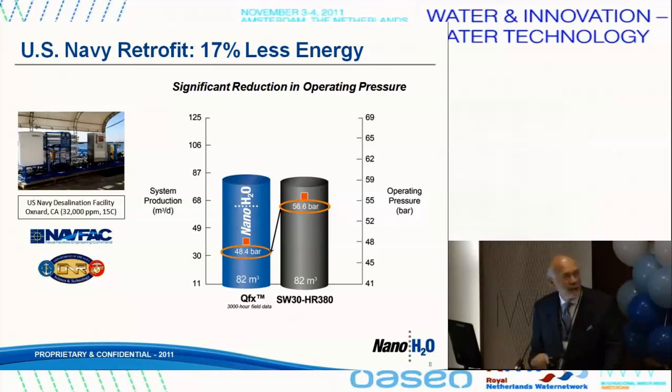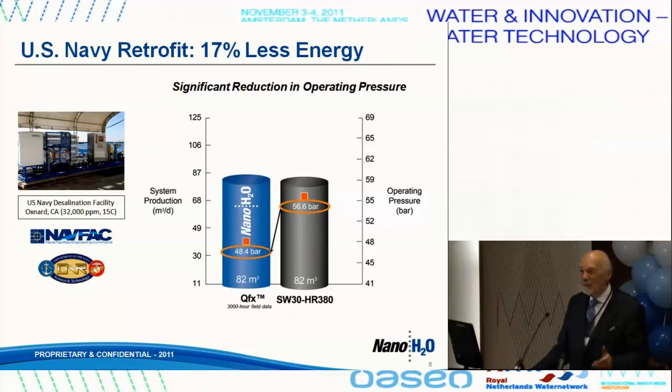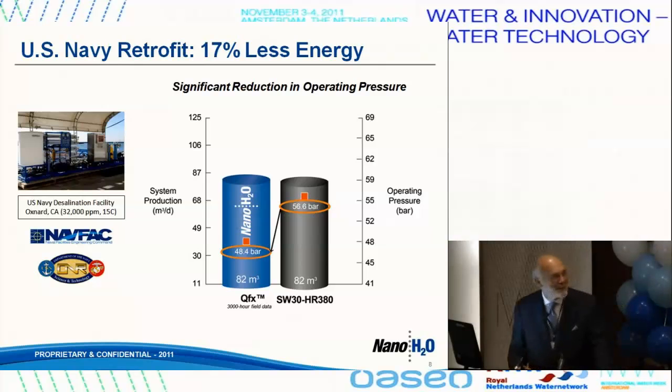I'll explain in a moment an example in the Caribbean where they're paying 29 cents a kilowatt hour for their energy, and you can believe that being able to lower the energy by 8 or 10 bars is a significant factor for them, even though it's 29 cents in U.S. dollars as opposed to euros.